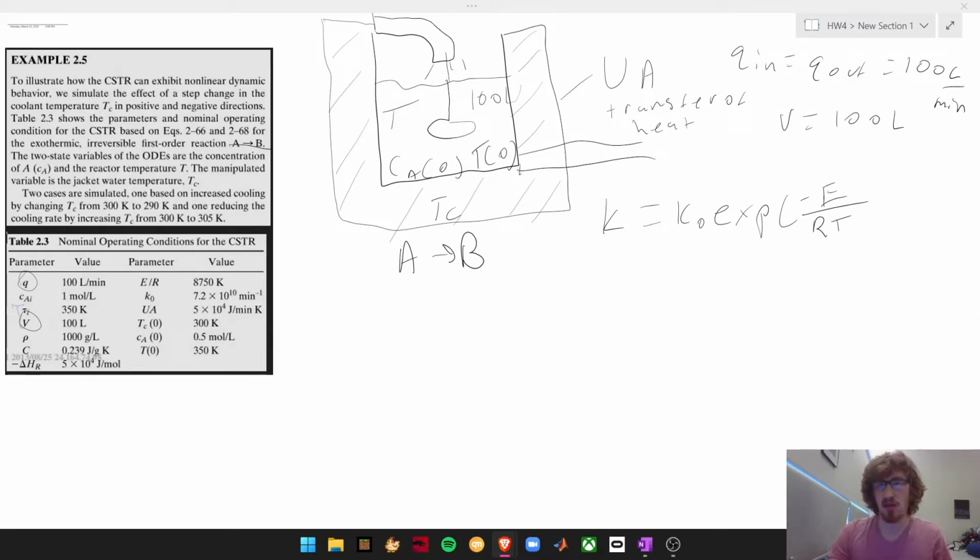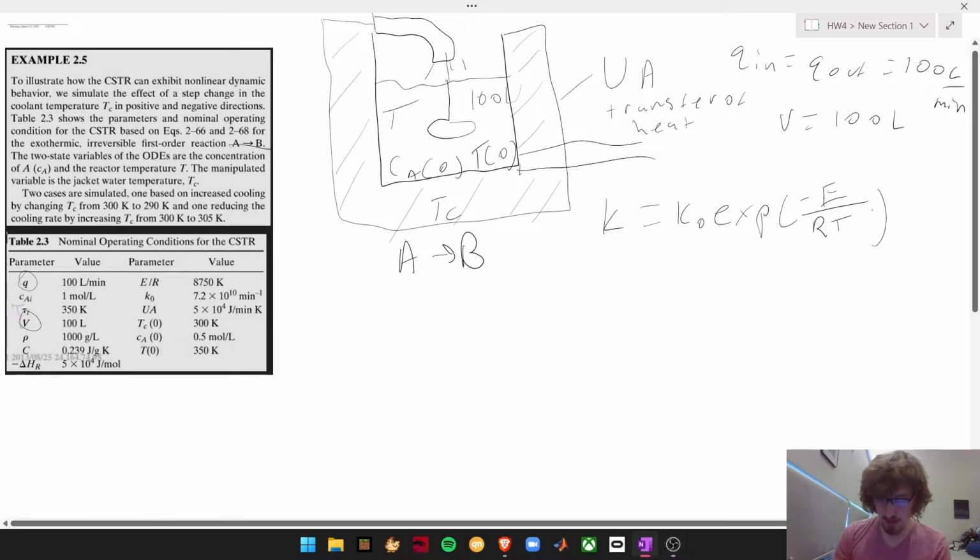So that's e to the negative E over RT, and that E over RT is simply the activation energy of the reaction divided by the universal gas constant times the temperature at whatever point in time we're at. And this will give us the proportion of the molecules inside the tank that will turn into B, or molecules of A, I should say.